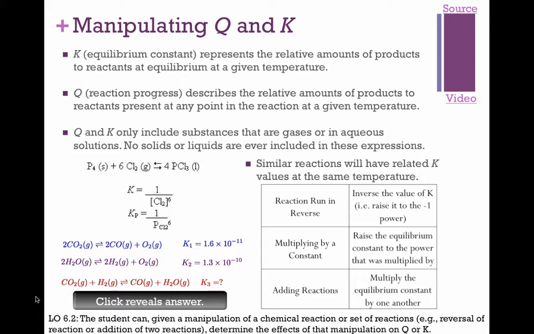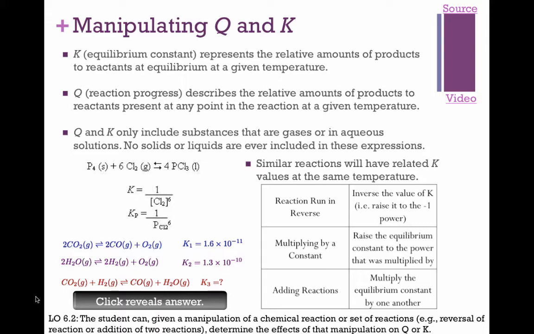Okay, so what do we have to do to this top one? We have to divide all of the coefficients by 2, because we don't want 2 CO2s, we only want 1. So if we divide this by 2, it's essentially multiplying by what? 1/2. So what do we do to the K then? To the 1/2 power, which is the square root.